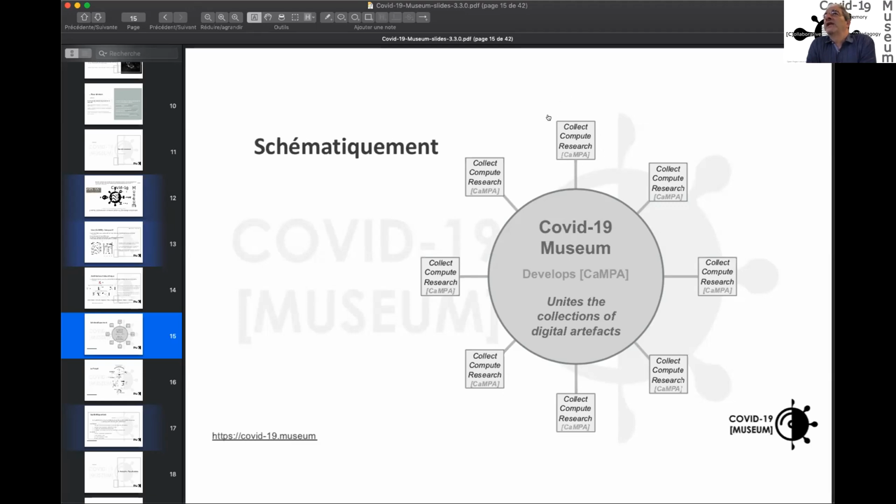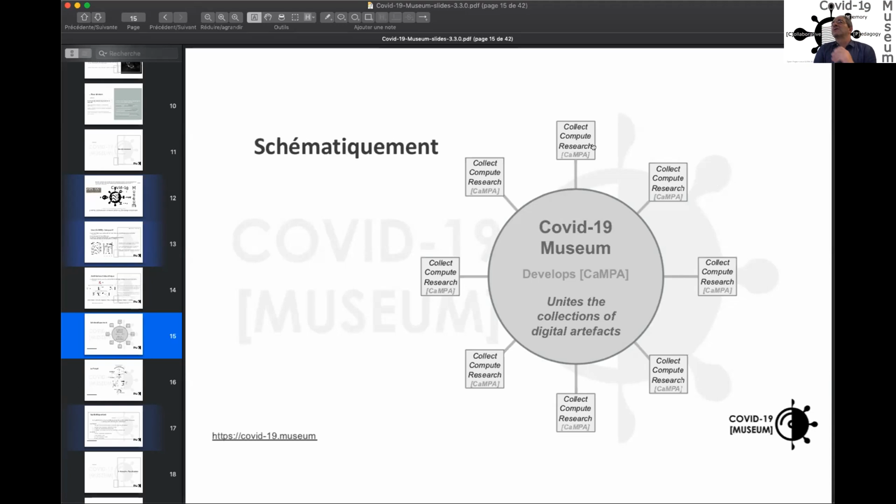They are made of collections, so if a collection installs the COMPA over its resources, then it shares the data that it contains. If a university, a data science center, or even an individual installs the COMPA over its computer, then it can provide computational resources for the COVID-19 museum.